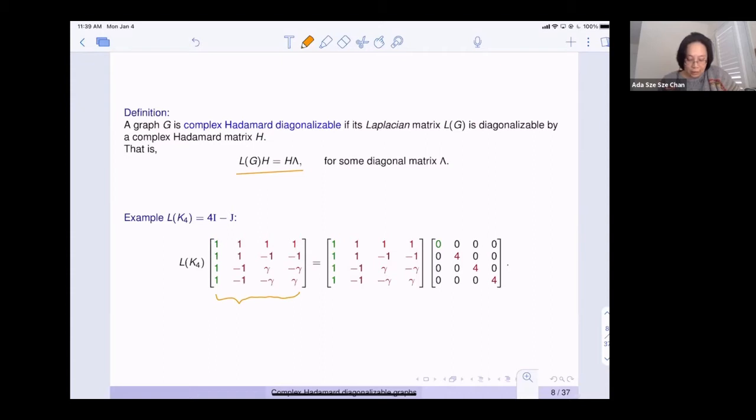And the reddish columns, the 3 columns, are eigenvectors of the Laplacian matrix with eigenvalue 4. So this is our matrix that stores the eigenvalues, the matrix lambda. And so we can see that for this example, the Laplacian matrix of the complete graph is diagonalizable by any 4x4 complex Hadamard matrix of this form.